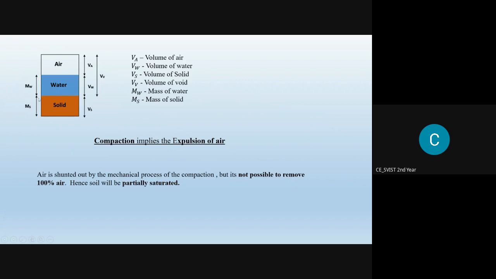The mass of the solid is ms, mass of the water is mw, volume of air is va, volume of water is vw, volume of the solid is vs. And the total volume of air and water is called the volume of voids.